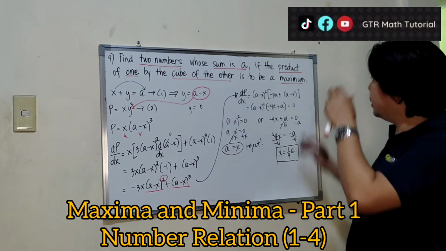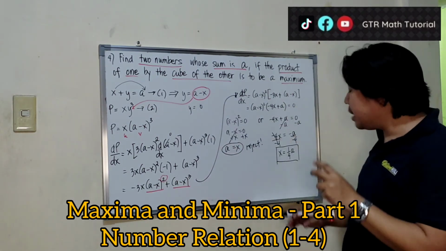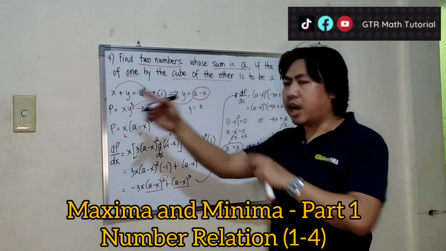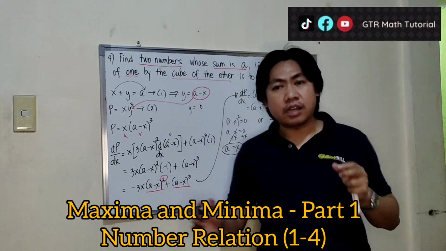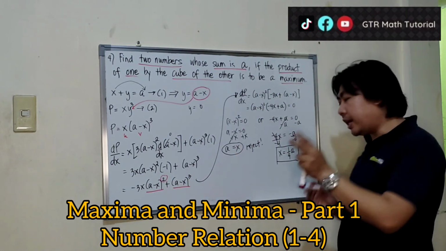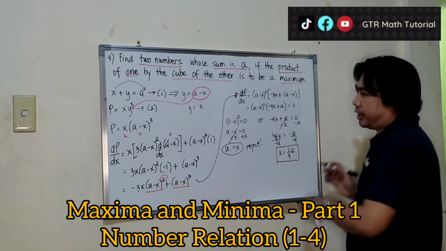So hindi siya magiging maximum kasi 0 yon. Ang product nila magiging 0 na lang. So again, hindi siya maximum. So maximum sa kanila, isa lang. So magiging maximum is when x equals 1/4 a.